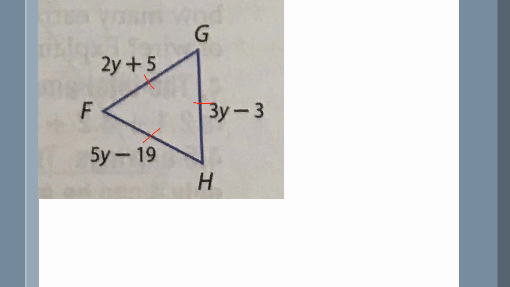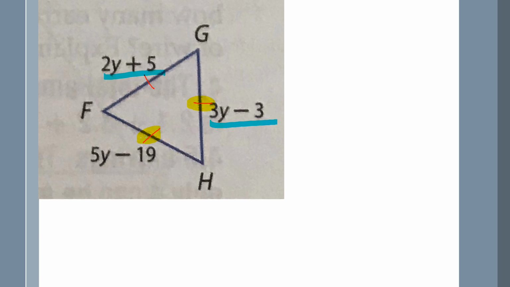I can set these two equal to each other right here. I can say this one's equal, this one's equal. I can also go with these two equal, all right? And I think that's the one I'm going to go with because I think that'll be easier to do algebraically.